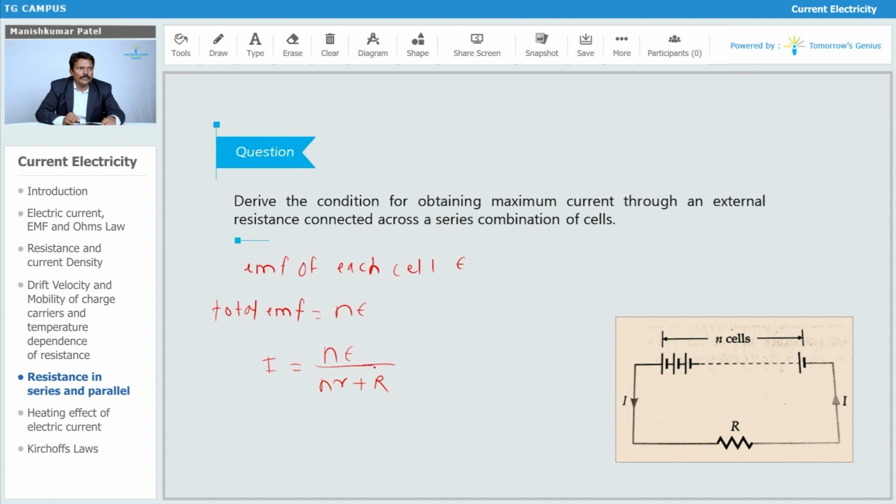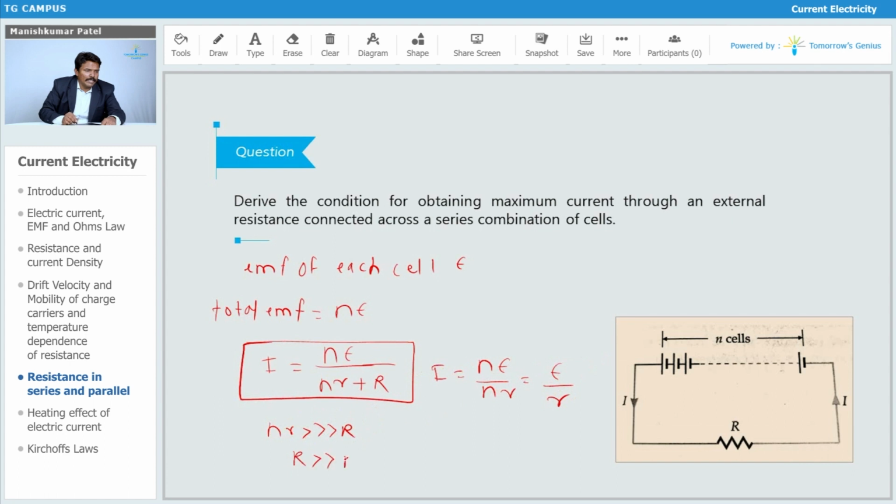This is the expression for I. If Nr is far greater than R, then I is NE upon Nr, which is equivalent to the current flowing through one cell. In the second case, if R is far greater than Nr, then I is NE upon R, which is N times E upon R. That is how you find the expression for the current where N cells are connected in series.